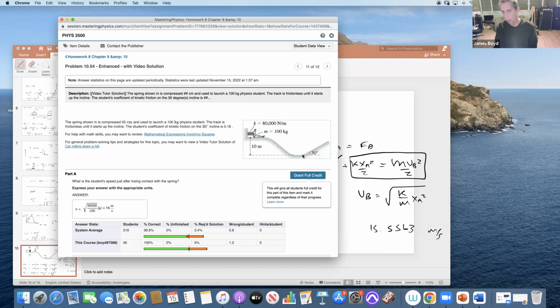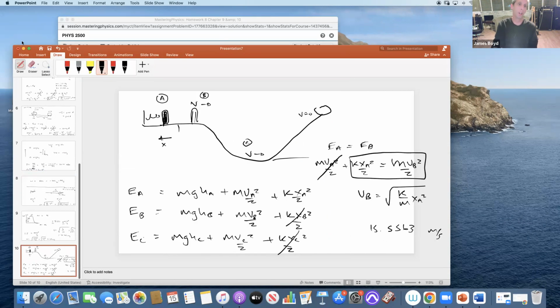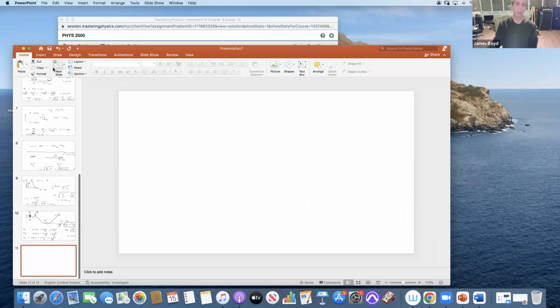I'm assuming they want to know how far along the incline, okay? All right, so we have to think really hard about this. Everything that we've learned. We know that starting here, and then we're going to go up to some point D, and we're going to start at some point B. This will be 0. We're going to measure from here.